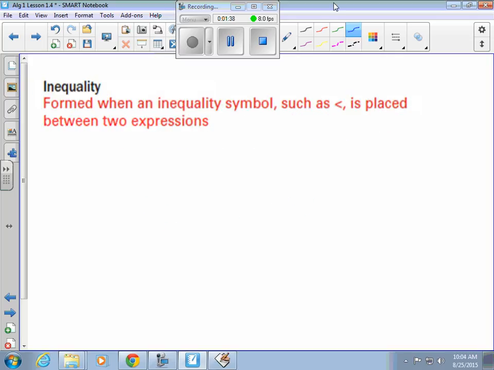An inequality does not have an equal sign. It still has a left side and a right side, but it has an inequality symbol. Those are the ones that you are familiar with. You are also familiar with those combined with or equal to. But it's the same thing, meaning one side is larger than the other. When I learned this as a kid, I learned this as the big mouth, since it has teeth.